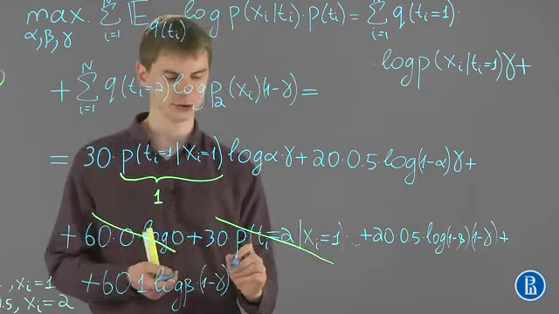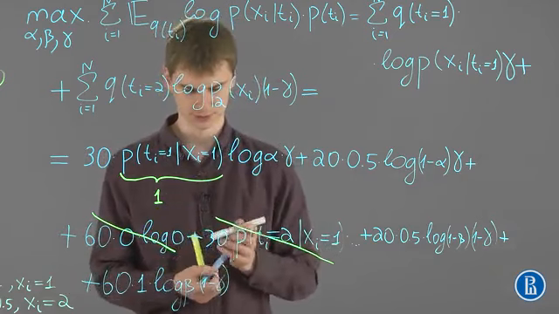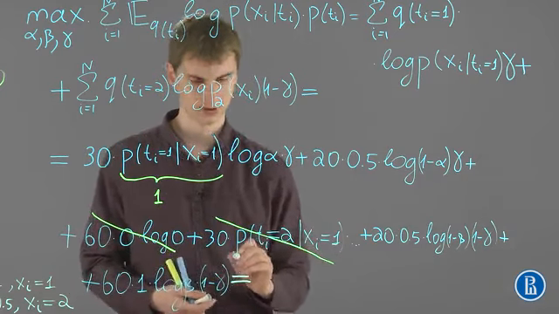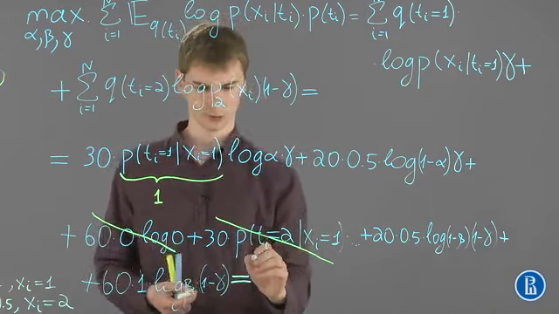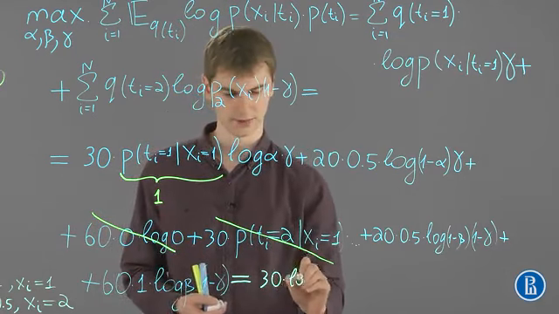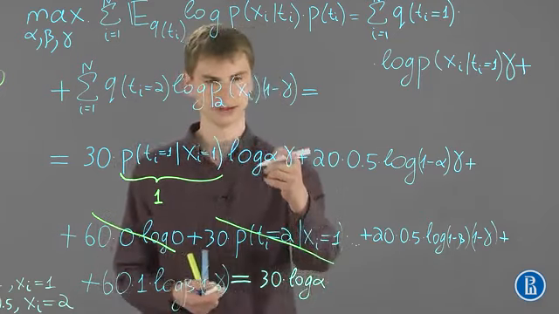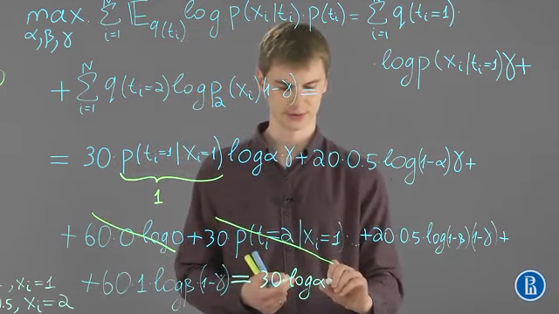Let's identify the terms that depend on alpha. So this part does depend on alpha. It will be 30 times logarithm of alpha plus 30 times logarithm of gamma, but we don't care about it because it's a constant with respect to alpha.